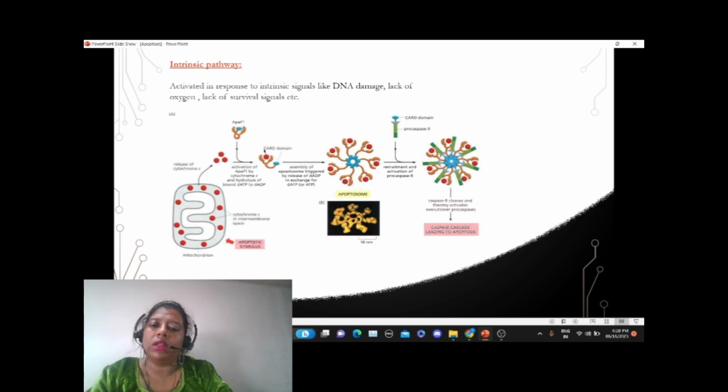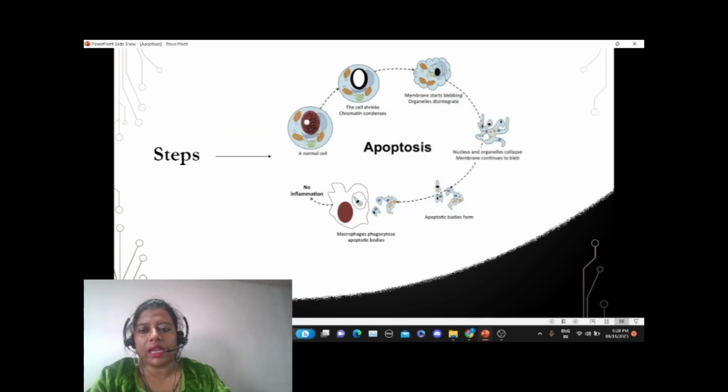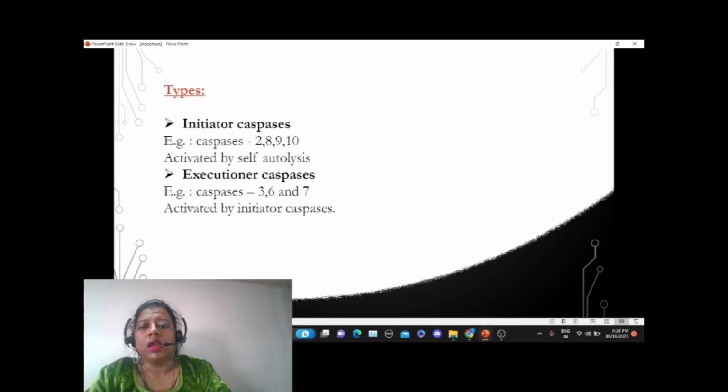This APAF1 then combines through the CARD domain, and there is formation of a heptamer. This is known as the apoptosome. This apoptosome then activates a procaspase, that is procaspase 9. As I had mentioned in my previous slide, procaspase 9 is an initiator caspase.